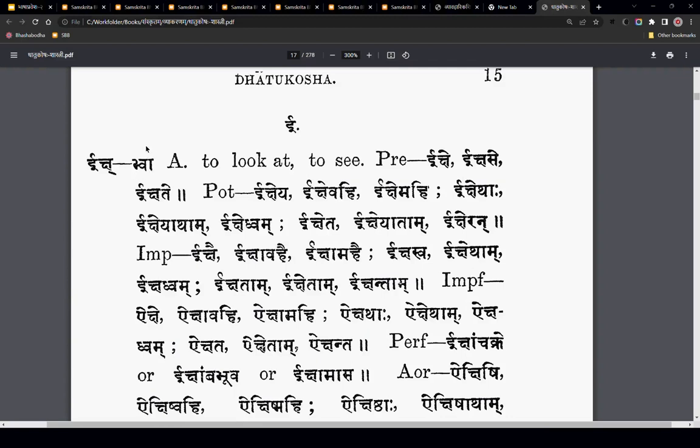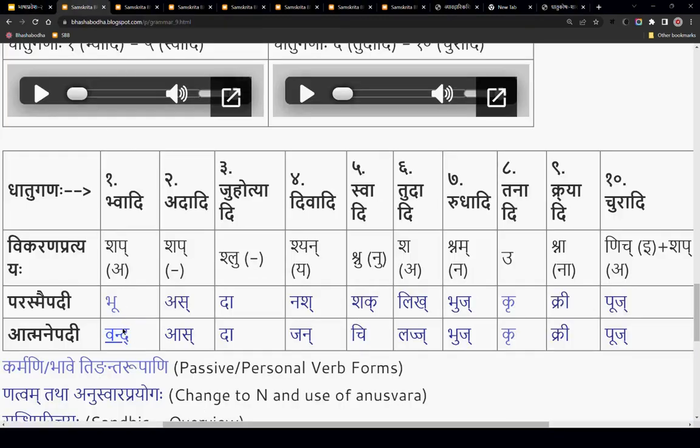This gana indicates its pattern also. If it is bhvadigana and atmanepadi, then it takes this pattern, so you can understand the pattern.